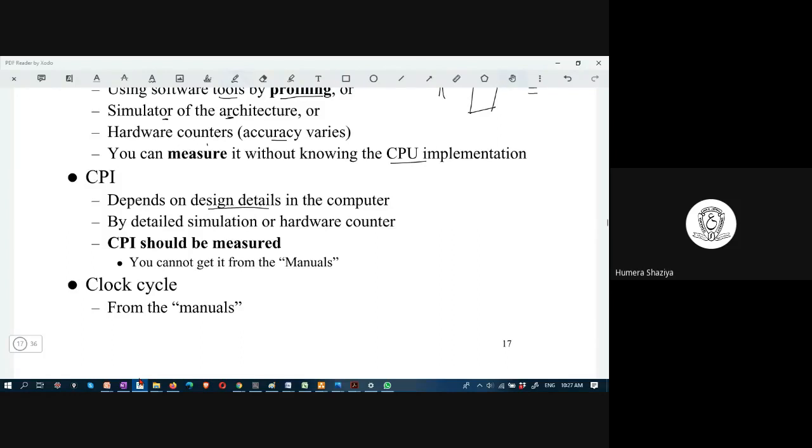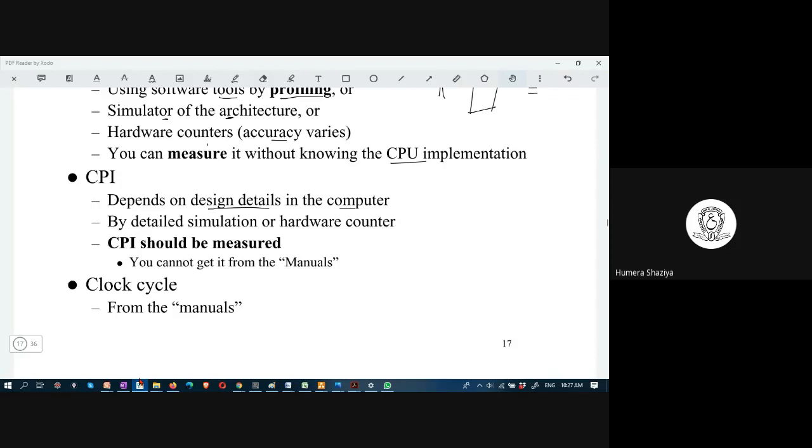Some computers are very advanced, some are too basic, and some are moderate. Cycles per instruction is dependent on the details of the computer. Without the computer details, it cannot be found directly how many cycles would be taken for an instruction.